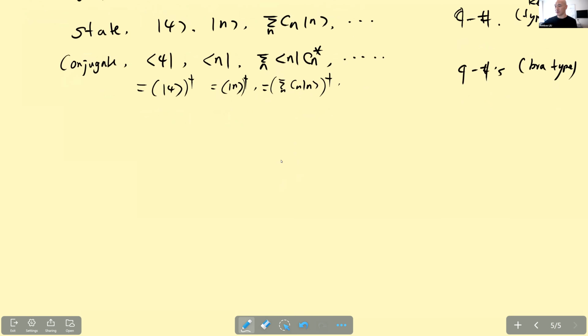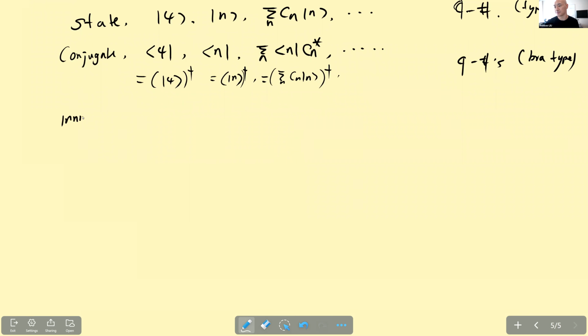And you can also have the inner product, for example ⟨ψ|φ⟩ or ⟨m|n⟩, or ⟨ψ| with the summation of c_m|m⟩, and so on and so forth.